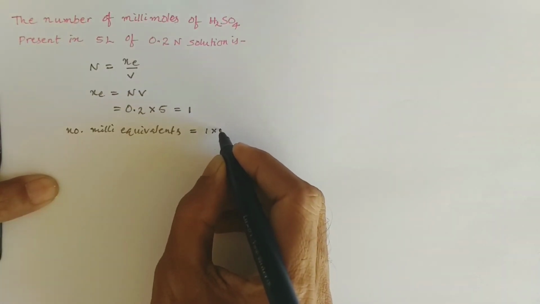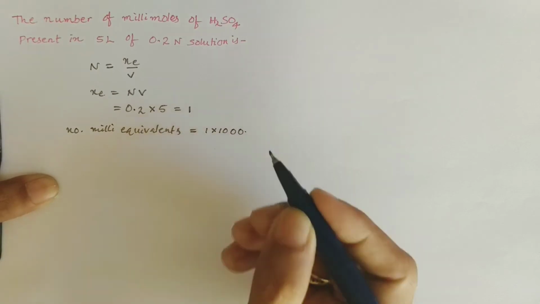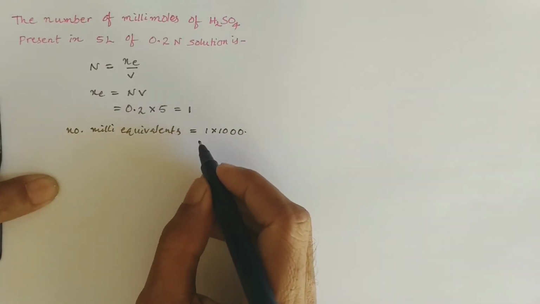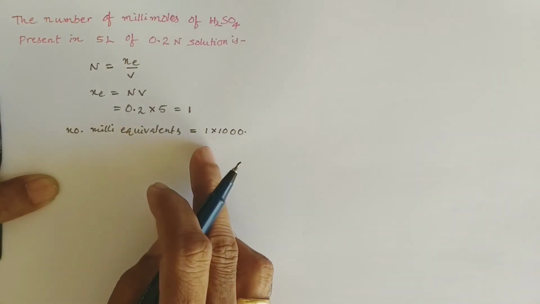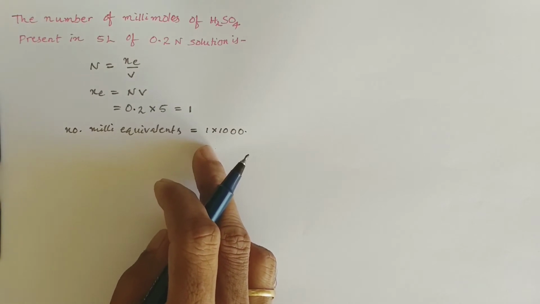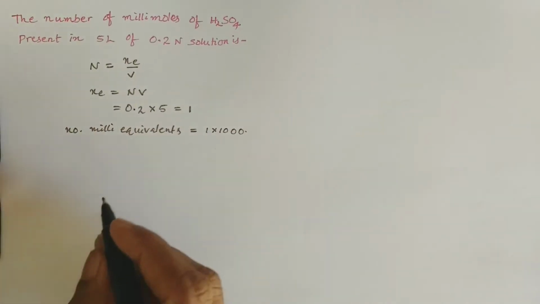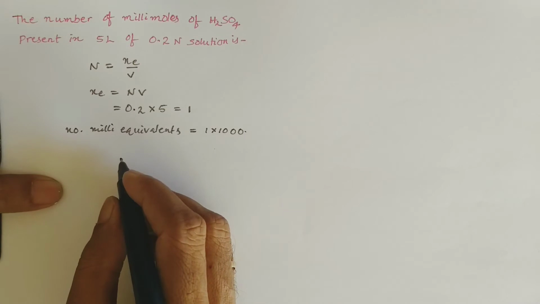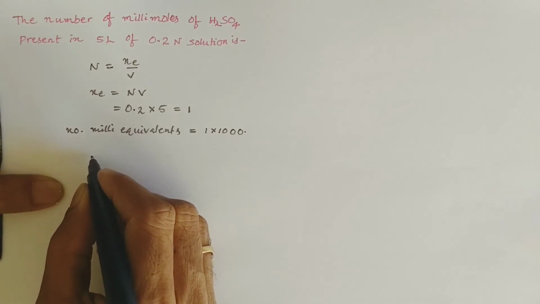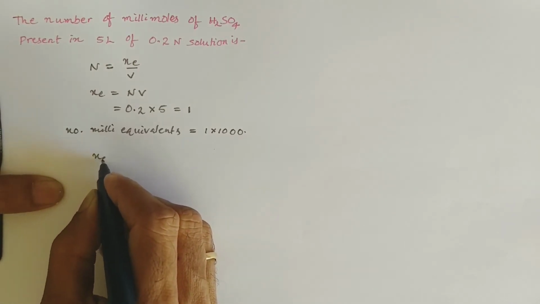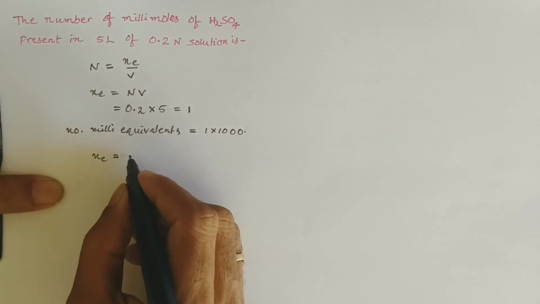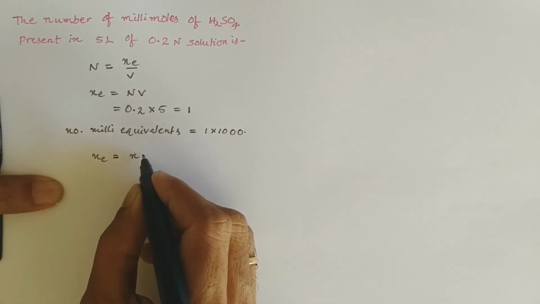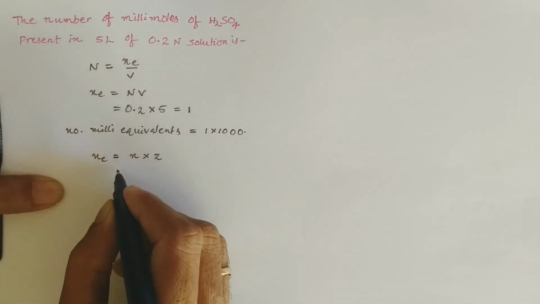1 equivalent is equal to 1000 milliequivalents. So here number of moles are asked. So how do you calculate the number of moles? Number of moles and number of equivalents are related like this. Number of equivalents is equal to number of moles into Z factor, right?